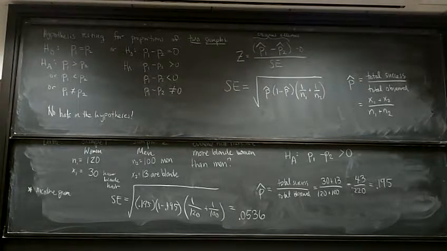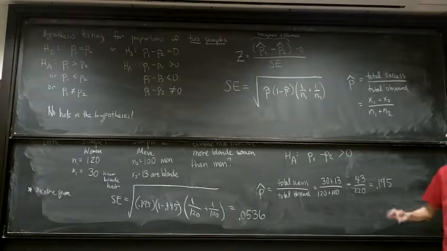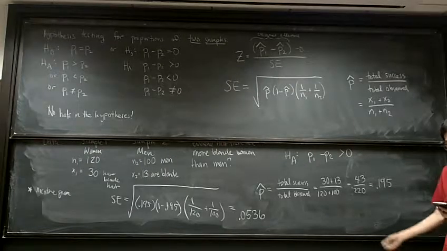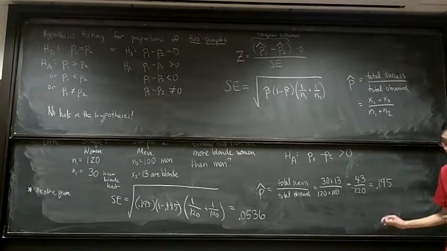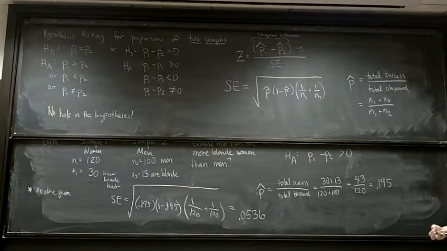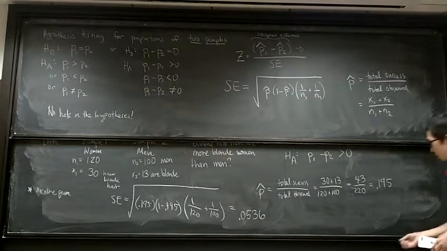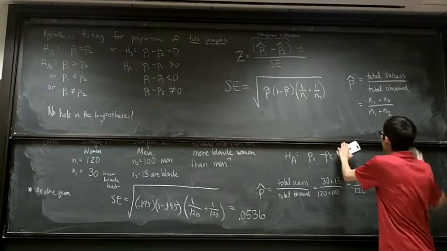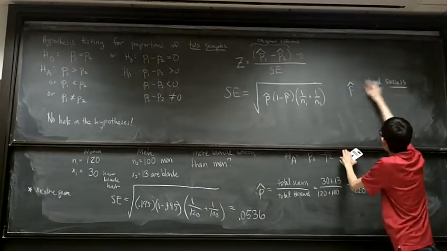Is that what we get? Do we get 0.0536, everybody? Yes. Great. Actually, with the rounding, I might get 0.0537, but that's okay. Less of an issue. So I've got that and I got that. So let's get my z-score.